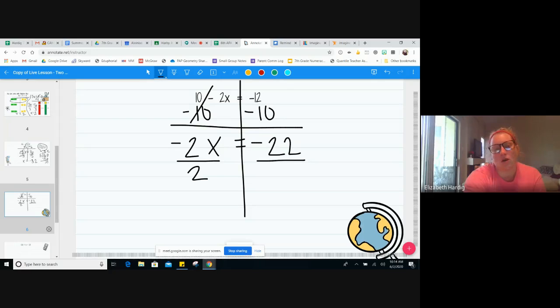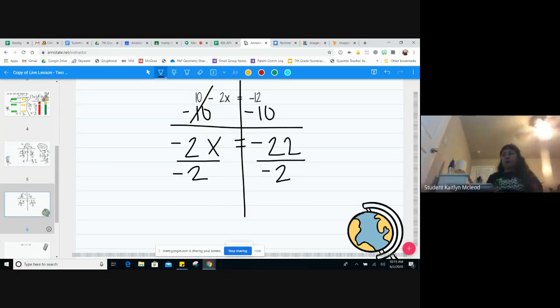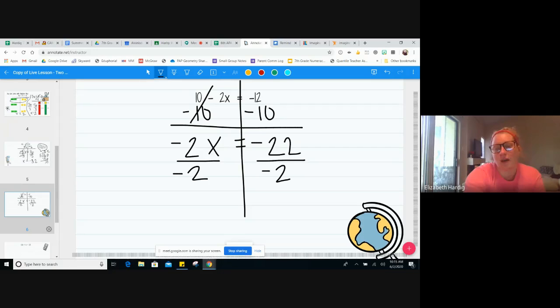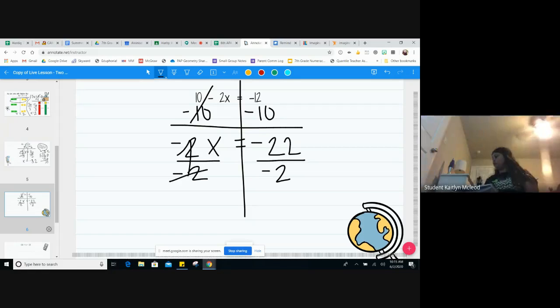No, I want to divide by the negative. Whatever it's being multiplied by is what you want to divide by. And if I divide on the left-hand side, I also need to divide on the right-hand side. So now -2 divided by -2 does make it 1.